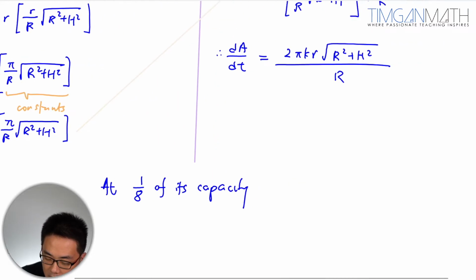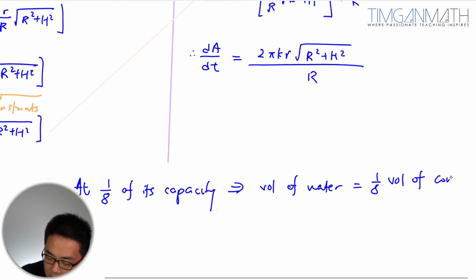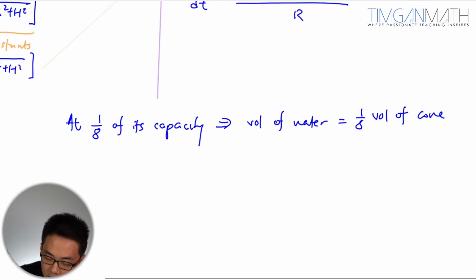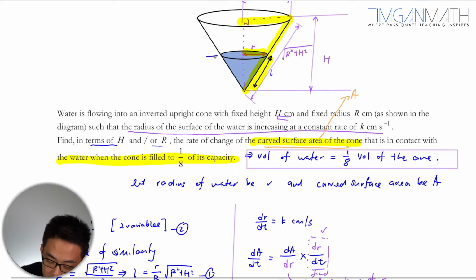We know that the volume of water is 1/8 of the volume of the cone. Okay, so that's the main thing. So in other words, the volume of water is just a third pi r squared small h. So there's a small h here. We'll just let this be small h.